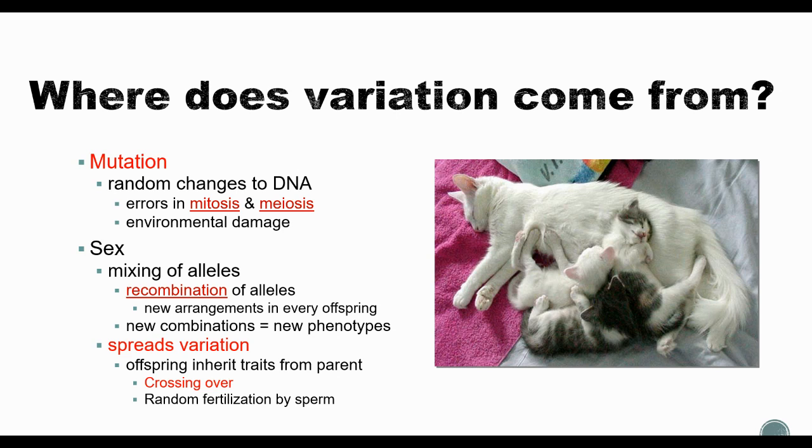Now, when I say sex, what we mean here is the mixing of alleles. So that recombination we get when we have new combinations from a mom and a dad into the offspring. So we get these new combinations, and sometimes this can result in new phenotypes or different percentages of phenotypes. Also, we get variation because offspring can inherit traits from the parent.